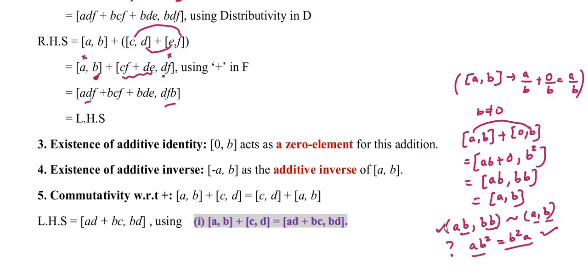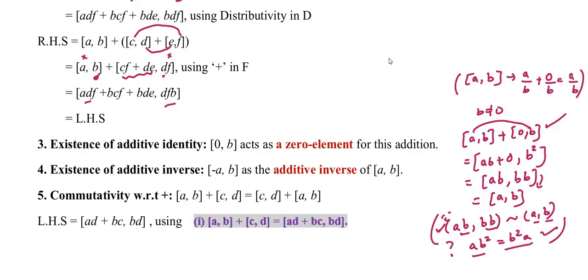And because this one is true, as the elements are related, the equivalence classes must be the same. AB, BB must be equal to the equivalence class AB. So we can very well write this in this way. So this is the reason this ABB is same as AB. So you added with this 0B and you have got back this, which means this is the identity element. For whatever element that you consider, the second one should be non-zero. The second one should be non-zero.